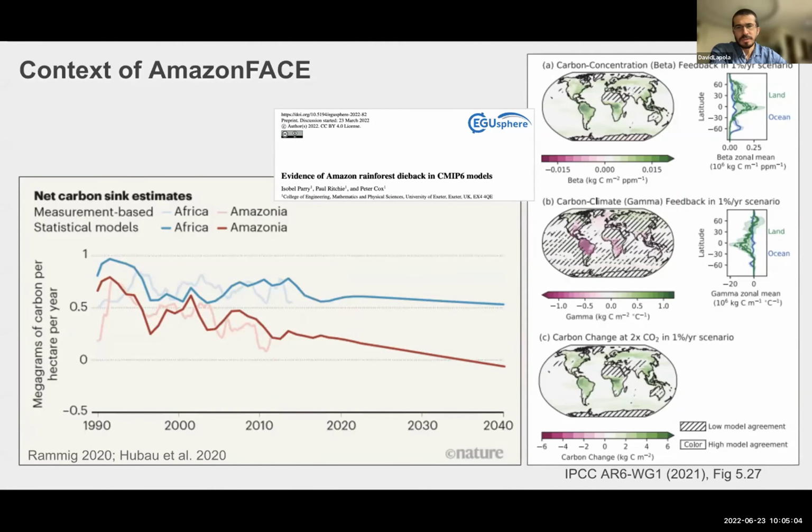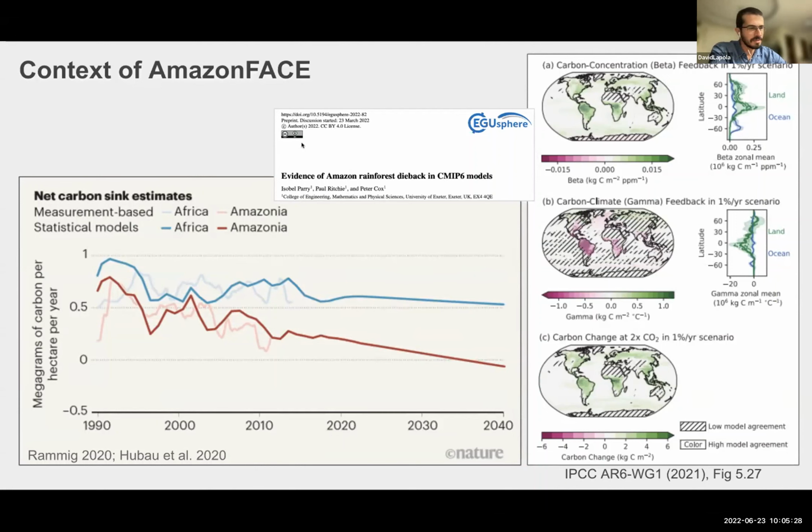Another strong motivation for doing this phase experiment in the Amazon is that I copied here just the header of this recent paper showing that the Amazon dieback hypothesis is still alive, unfortunately.